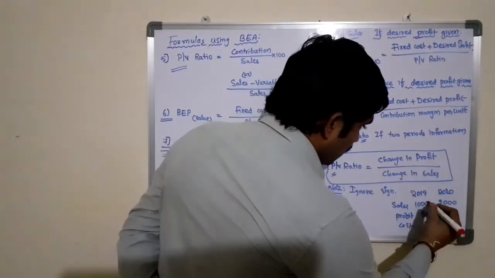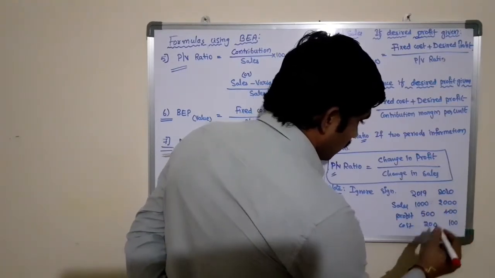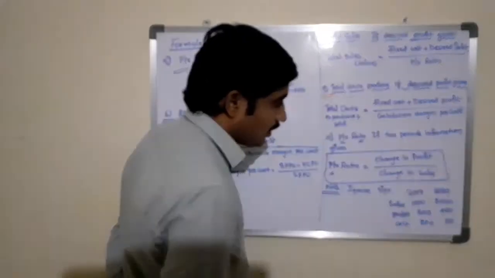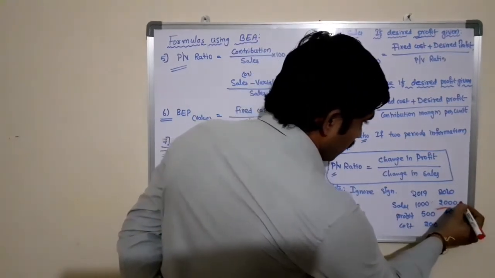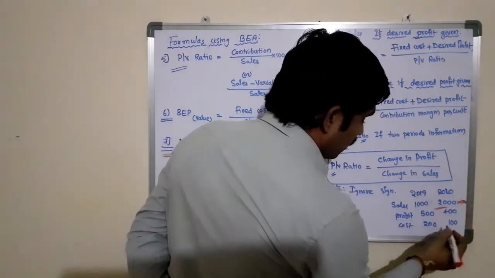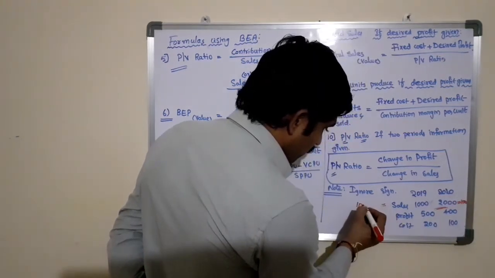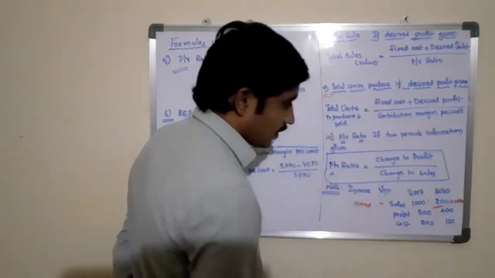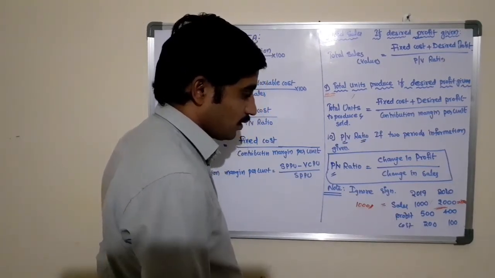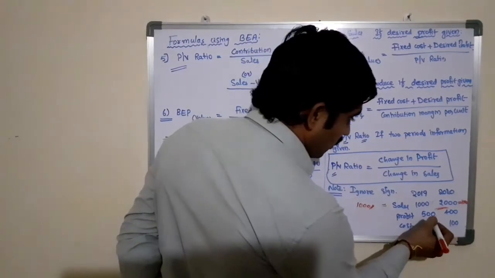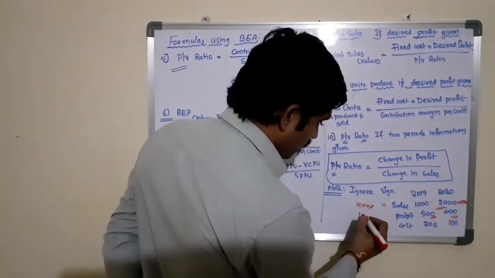What is the sales in the year 2019? 1000. In the year 2020, 2000. What is the difference between these two? 1000 is the difference. That 1000 difference only we can take, not minus 1000. Only the difference. Ignore the signs. In case of profit, what is the difference between these two?